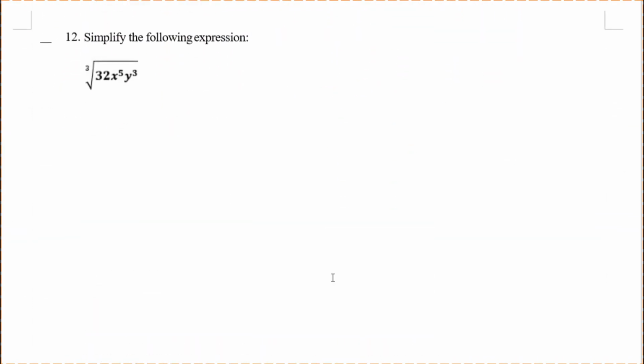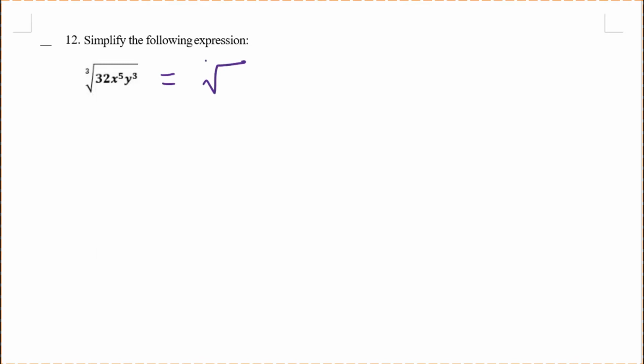All right, so simplify the following expression. We have a cube root, so we need to break this up into different cube roots. So we have cube root of 32, and I'm going to rewrite the variables as fractional powers. So this will be x to the power over index, y to the power over index.